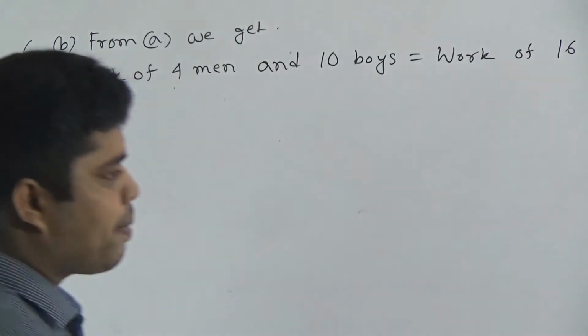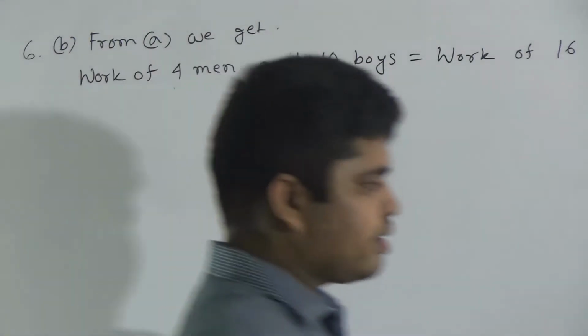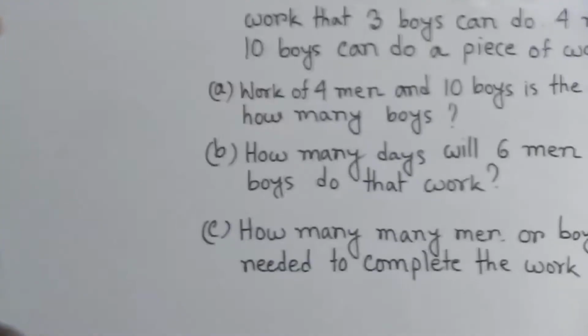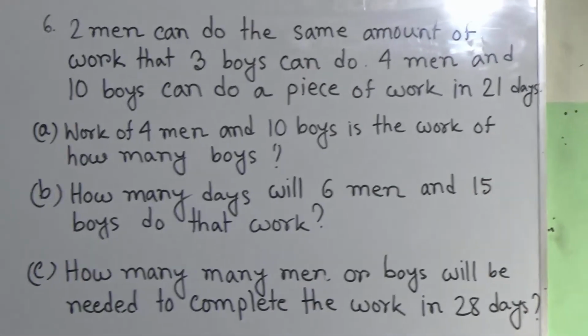Okay, now we convert 6 men and 15 boys into the work of how many boys. The question gives us the information that the work of 2 men equals the work of 3 boys.